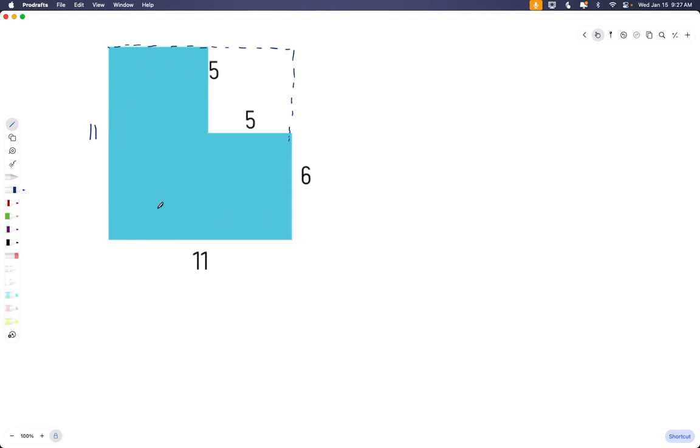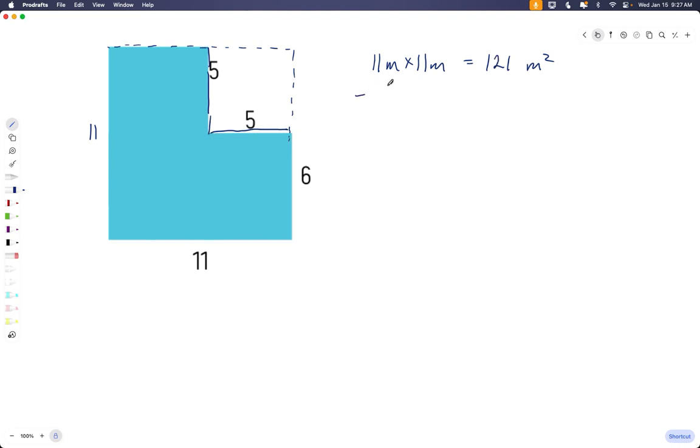So the whole thing is a square, 11 meters by 11 meters, which would be 121 meters square, right? So that's the whole thing. But this one little section right here has been cut off, and it tells me it's 5 by 5.